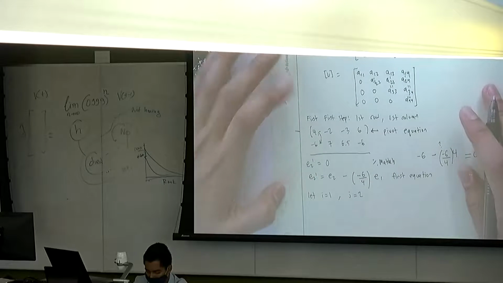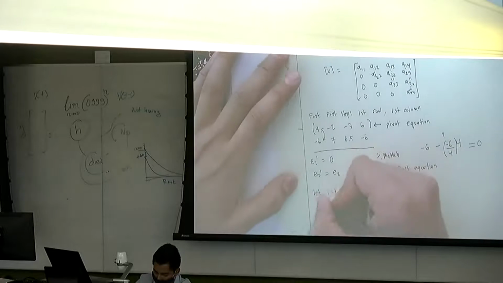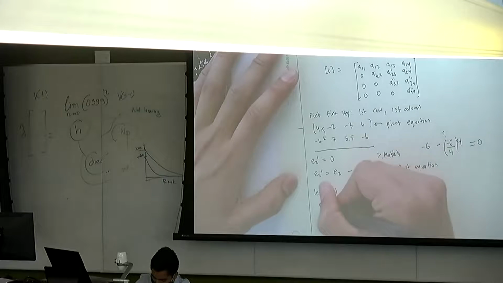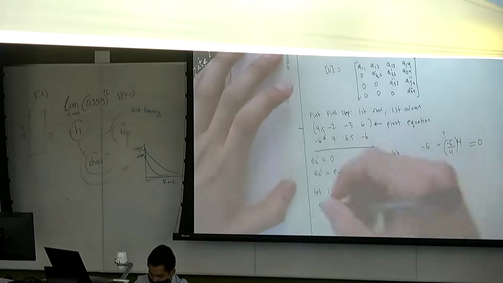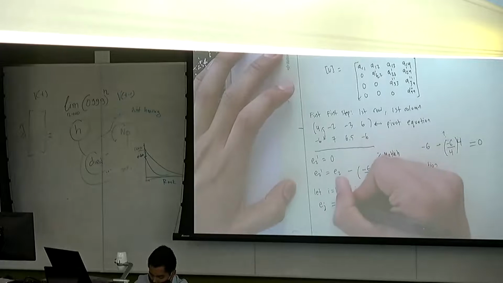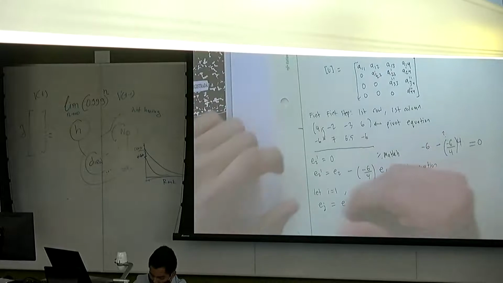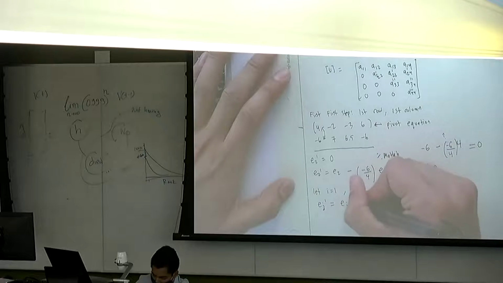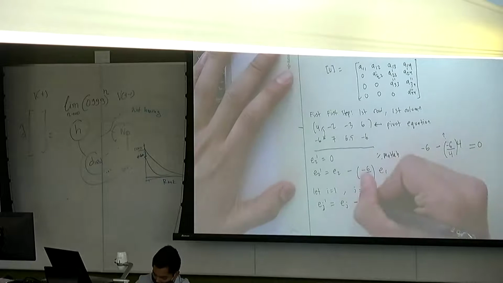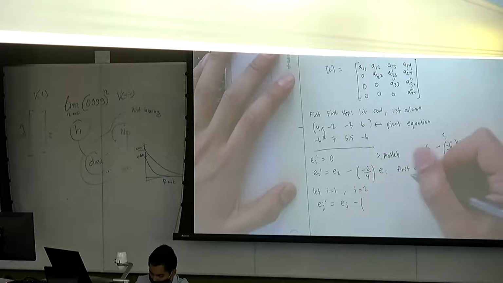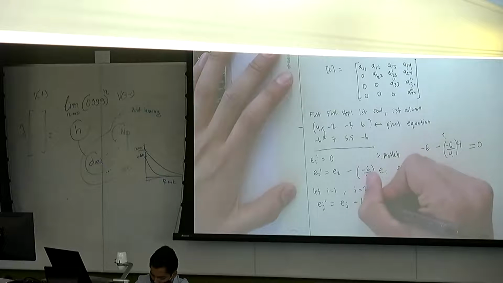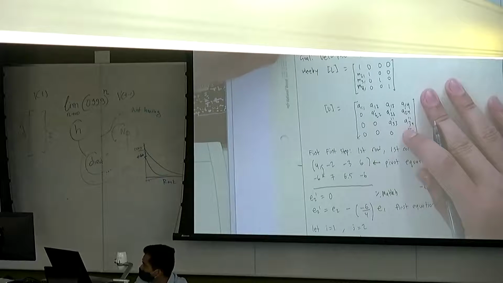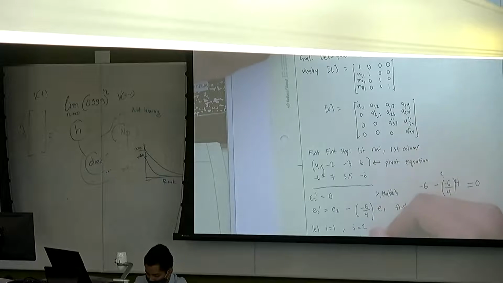So then we're going to say that the new matrix, in other words, EJ, for just this first case, EJ prime is EJ minus, in this case, what is this? This is -6.